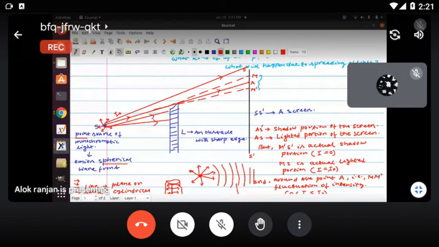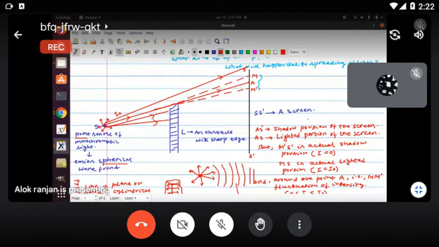Similarly, the intensity I naught will start from M to S rather than A to S. So in the portion MM prime, around this point A, the intensity is neither maximum nor minimum. That means it is not 0 nor I naught. It fluctuates between 0 and I naught.